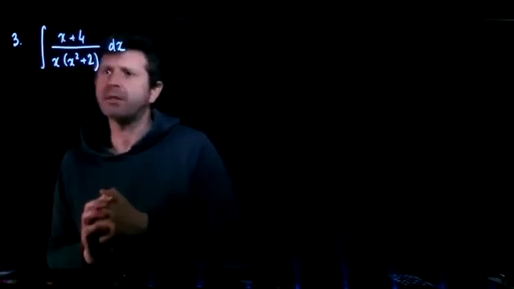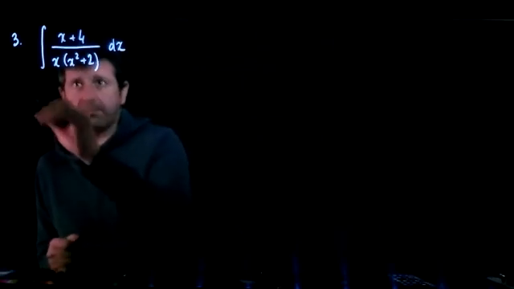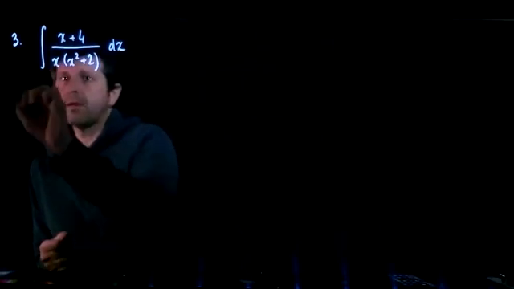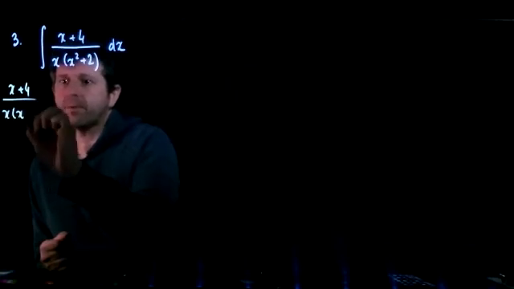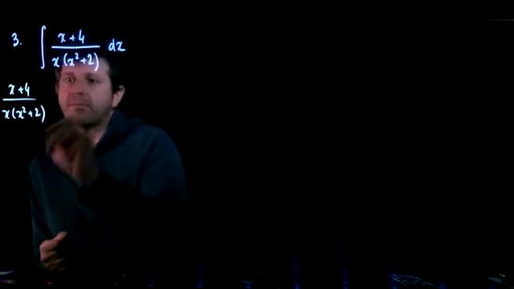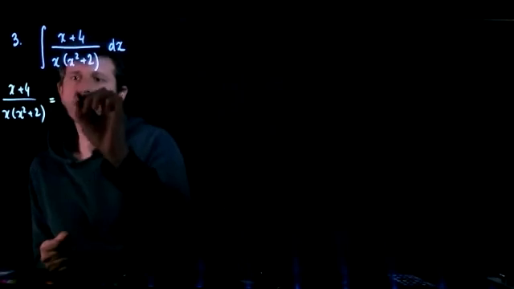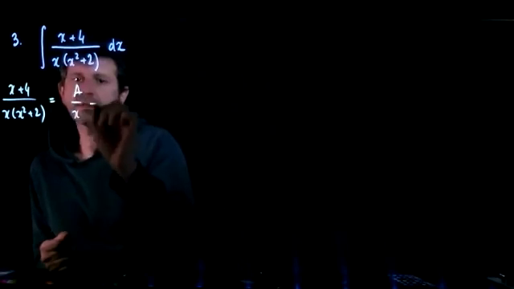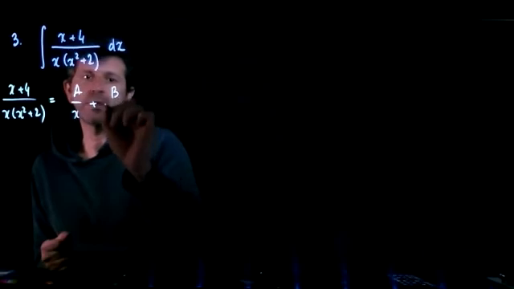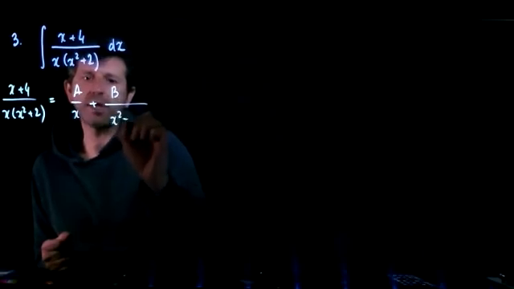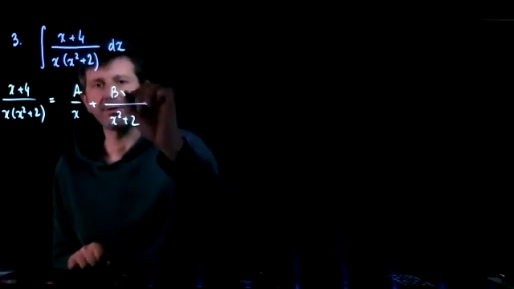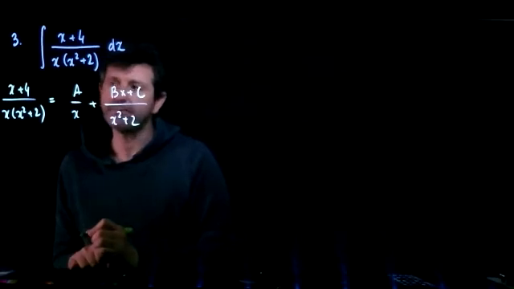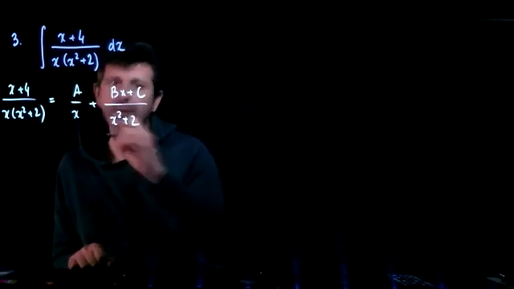So let's do this by partial fractions. (x plus 4) over x times (x² plus 2) equals a over x plus (bx plus c) over (x² plus 2), because it's the second degree.